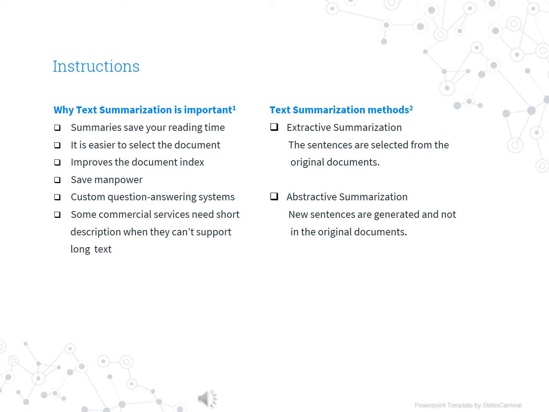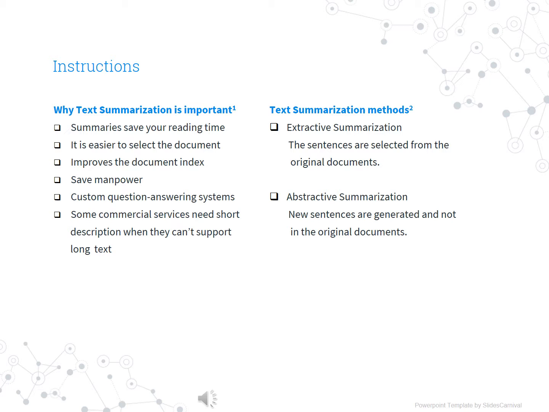Summaries improve the document index. Readers find documents more easily, and it also saves manpower to create summaries if using automatic text summarization. Text summarization will help custom question answering systems.